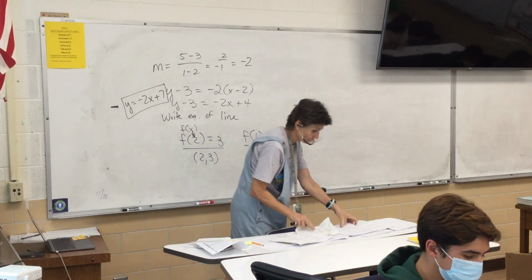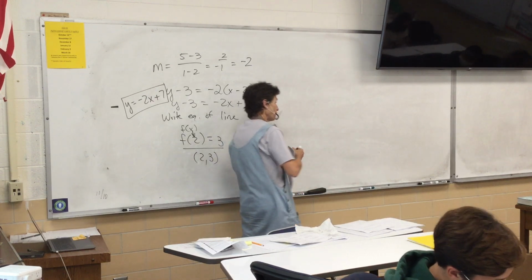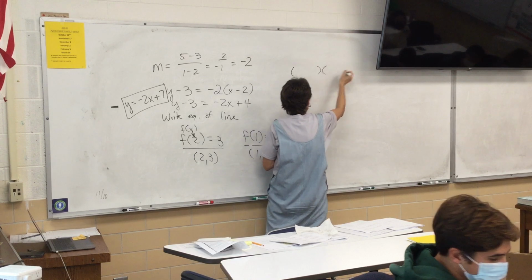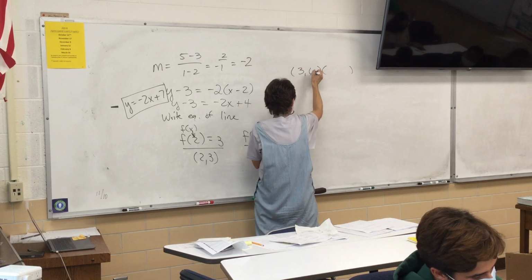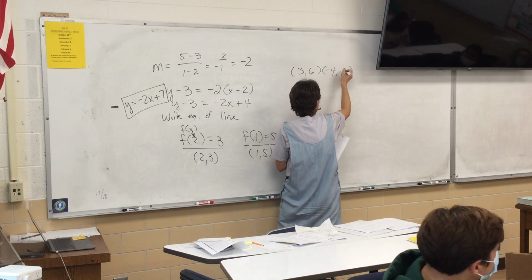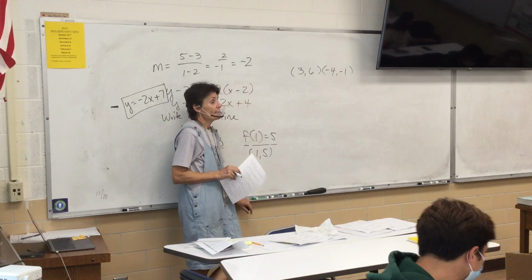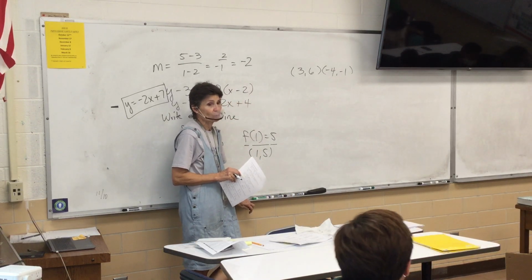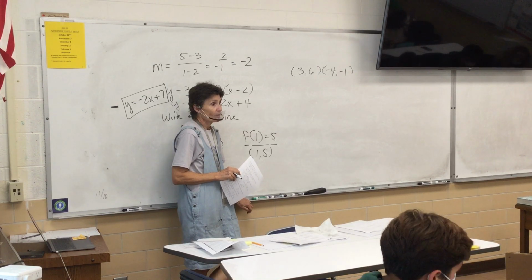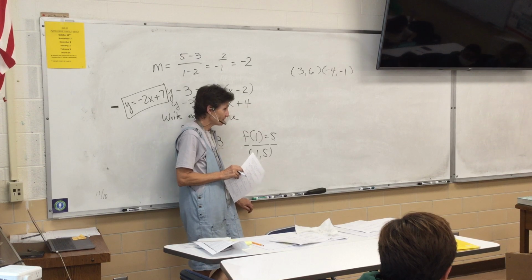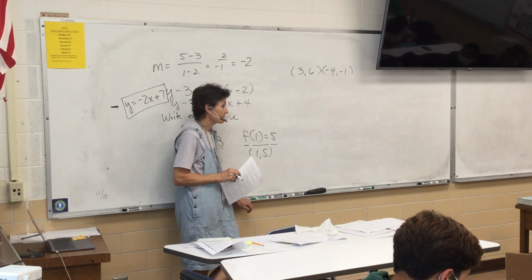What are the points in problem number B? What are your ordered pairs? 3, 6, and negative 4, negative 1. So take a moment, guys, and make sure that you got your points written correctly. The thing inside the parentheses is x, f of x. So if it's in the parentheses, it's an x.